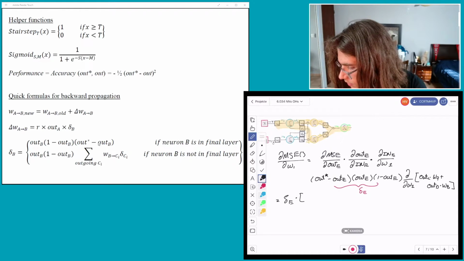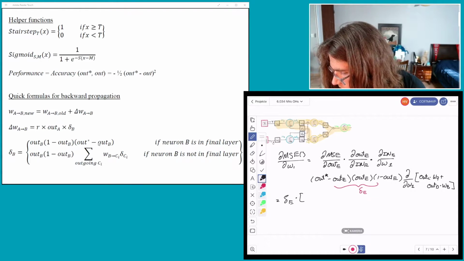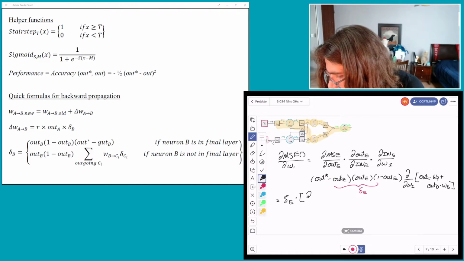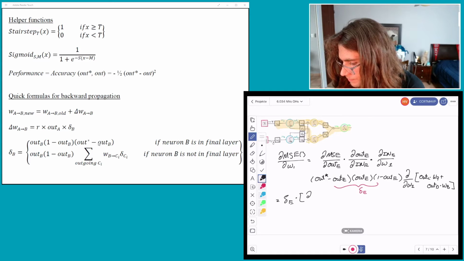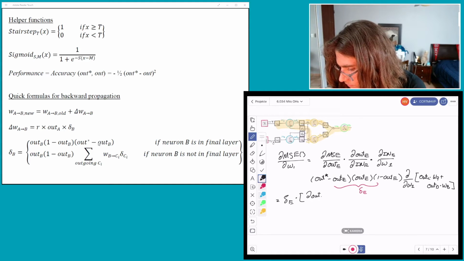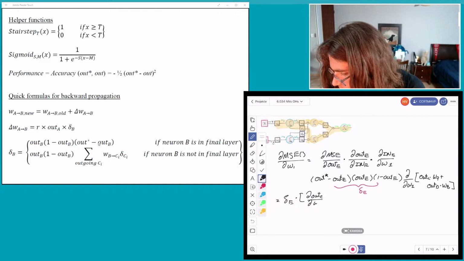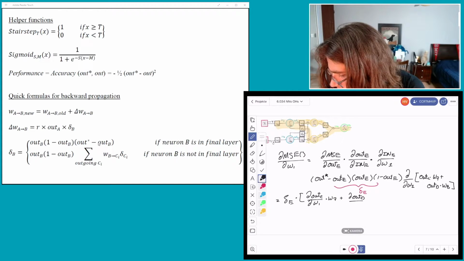times the partial derivative of out C with respect to w1 times w7, plus the partial derivative of out D with respect to w1 times w8.